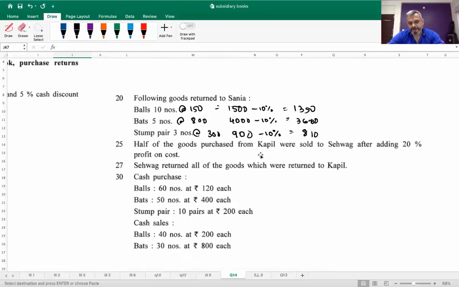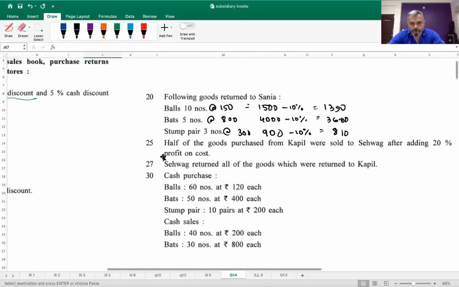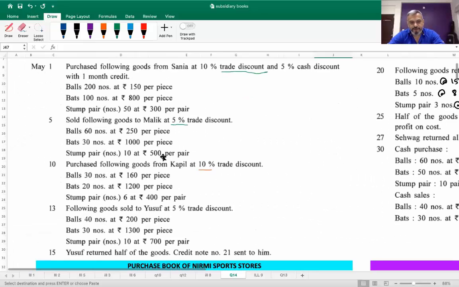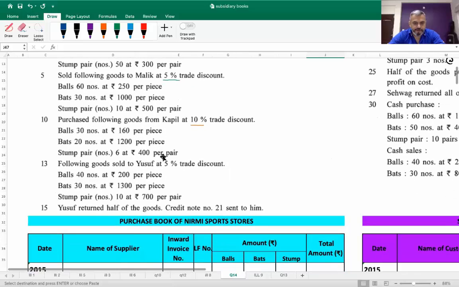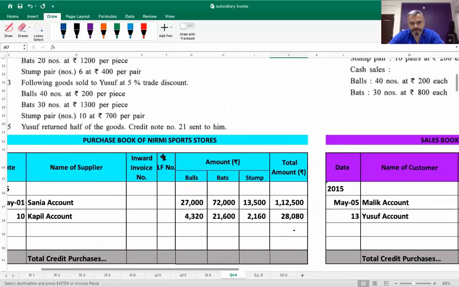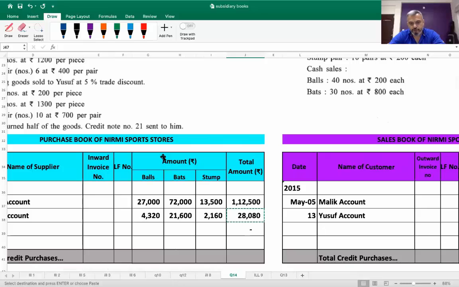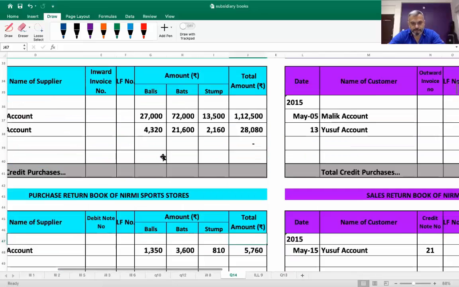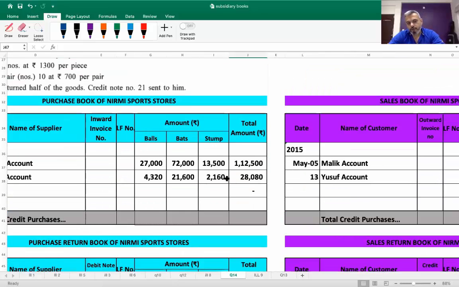Now 25th, half of the goods purchased from Kapil were sold to Sehwag after adding 20% profit on cost. So now what we purchased from Kapil, we have to write this first. So Kapil se jo kharida, that is 4320, 21600 and 2160.